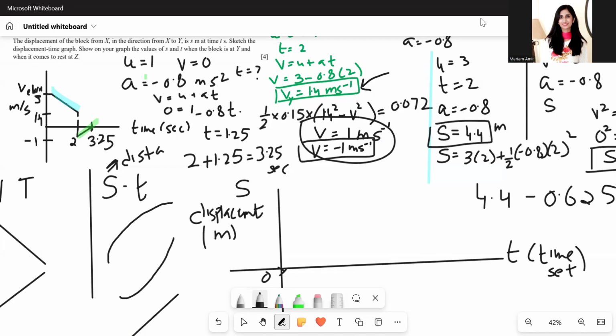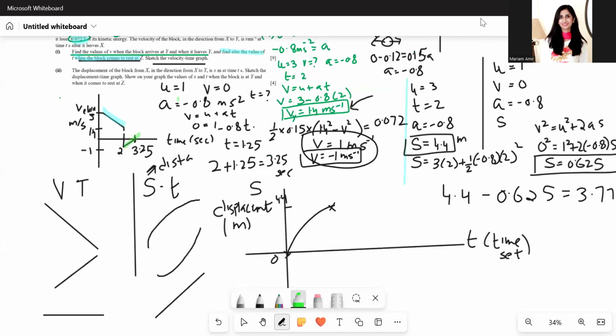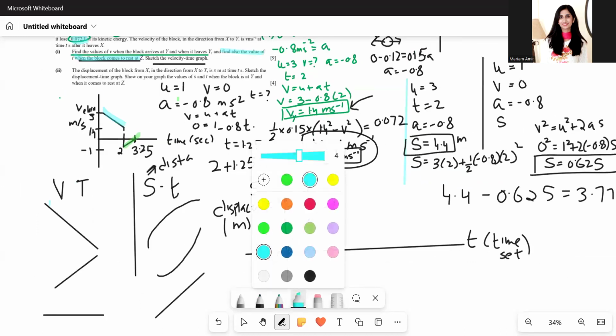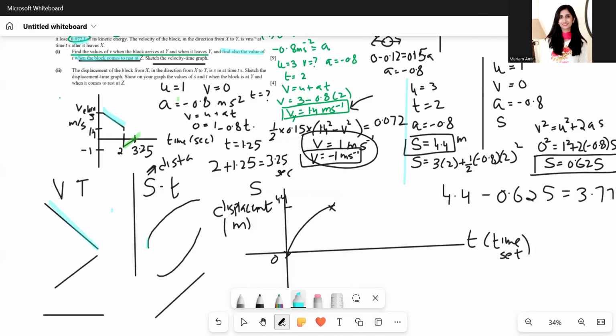Okay, so we start from 0, go till 4.4, and the graph would be a curve like this. Because the speed time graph looked like this, the distance time graph would be a curve like this till 4.4.